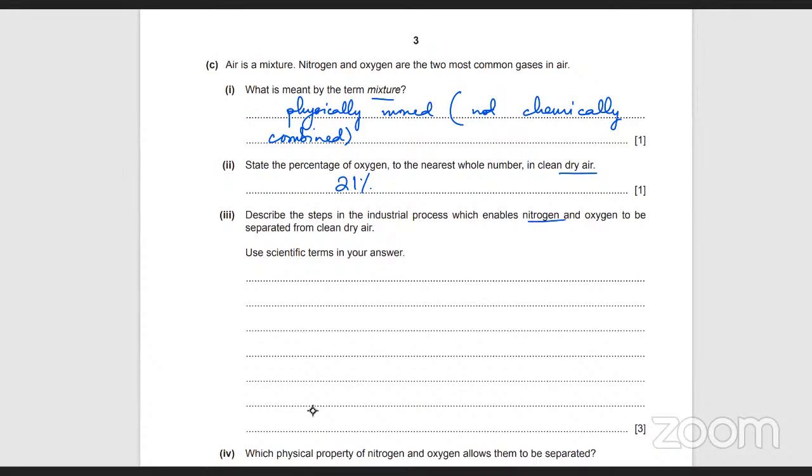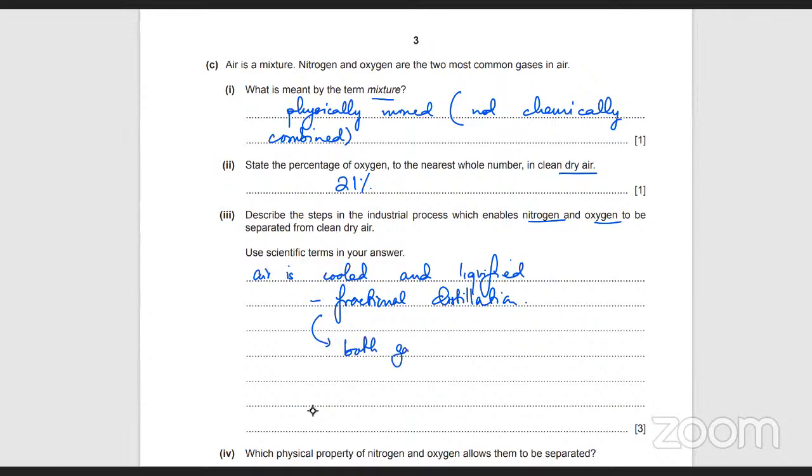अच्छा, how do you separate nitrogen and oxygen from clean dry air? तो क्या होगा first thing? Fractional distillation. पहले the air is cooled and liquefied. Then what do you do? You do fractional distillation. उसमें explain fractional distillation के both gases at different boiling points.